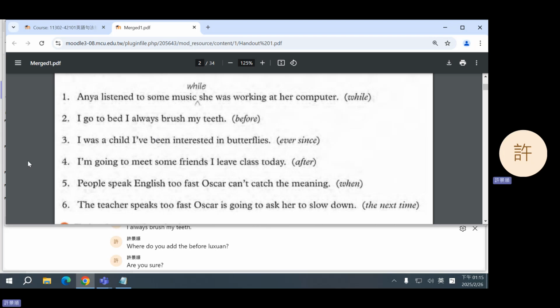So you found the place to separate the 2 parts. Yes, before I go to bed, comma, I always brush my teeth. Don't forget the comma, 别忘了逗点.